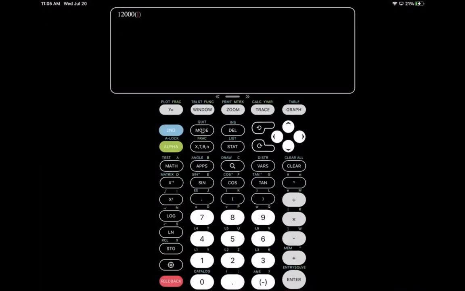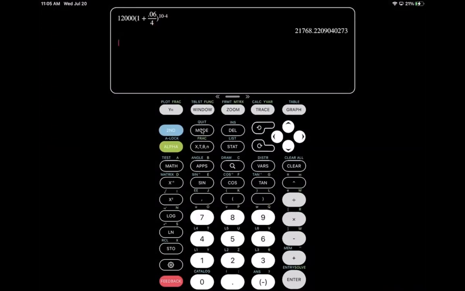But first we need 1 plus, and now you need a fraction, R over N. So alpha frac, 0.06, and go down, 4, over to the 10 times 4, or 4 times 10, doesn't matter. And then press enter.